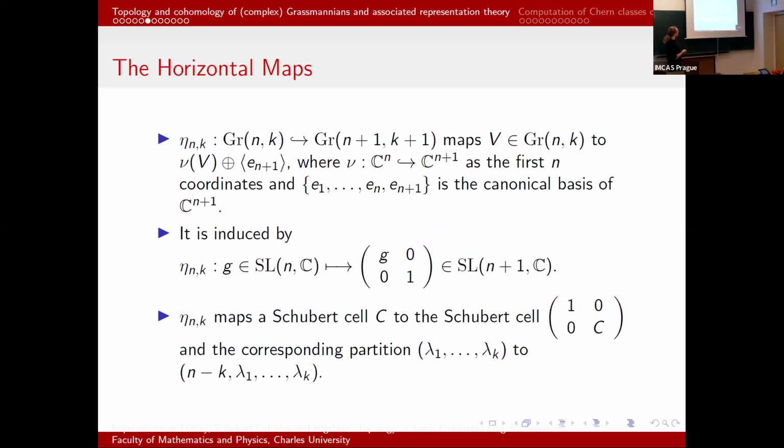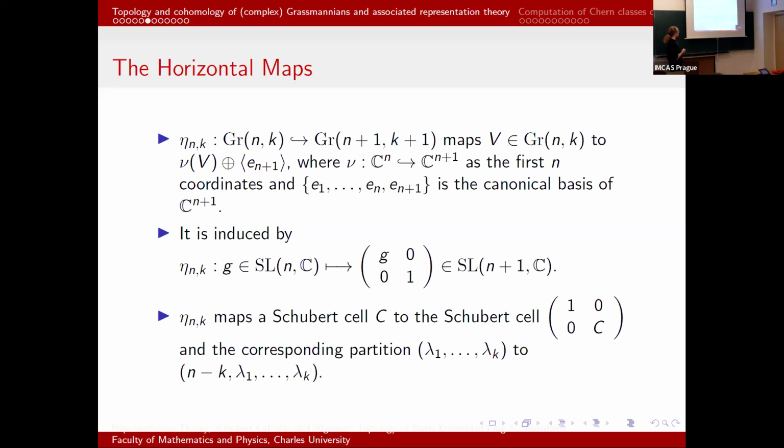Okay, so now the horizontal map, eta nk, includes the Grassmannian Gr nk inside the Grassmannian Gr n plus 1, k plus 1. So under these maps, even though the dimension of the subspaces increases, we preserve the difference n minus k. It will remain the same under this inclusion.